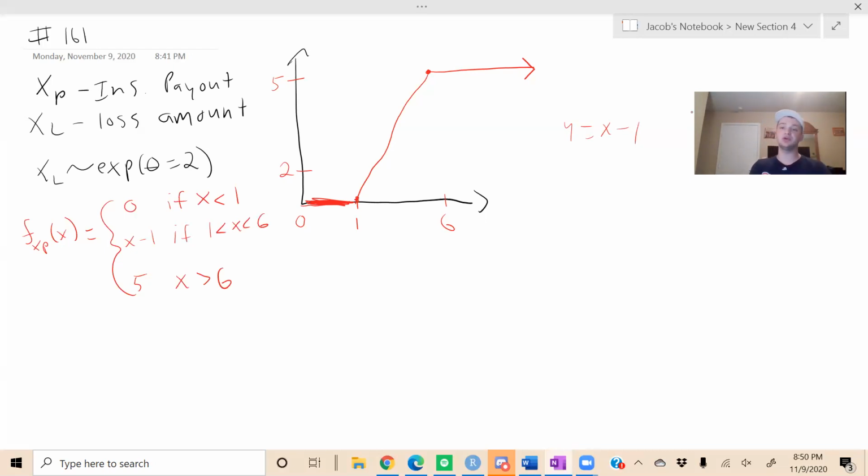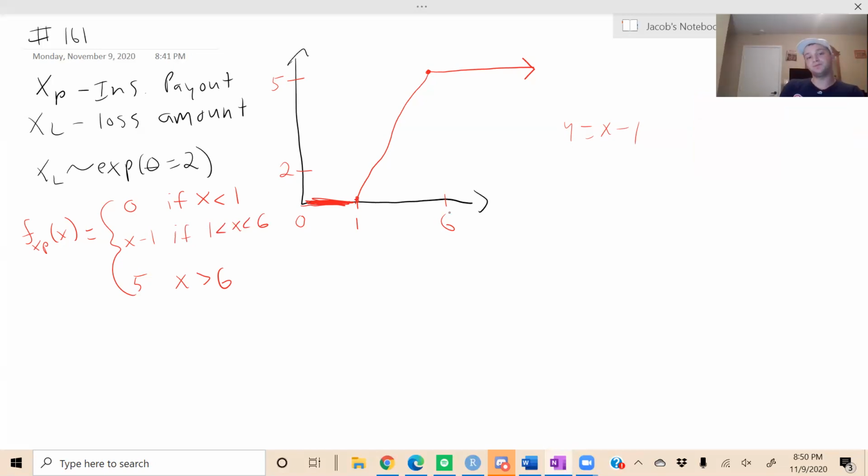The last thing I want to show you is the general formula for when we find the expectation of the insurance payout. This is our goal from the problem. We want to find the expectation of X_P. In general, that's the integral from negative infinity to infinity of your X_P times the density of the loss function.